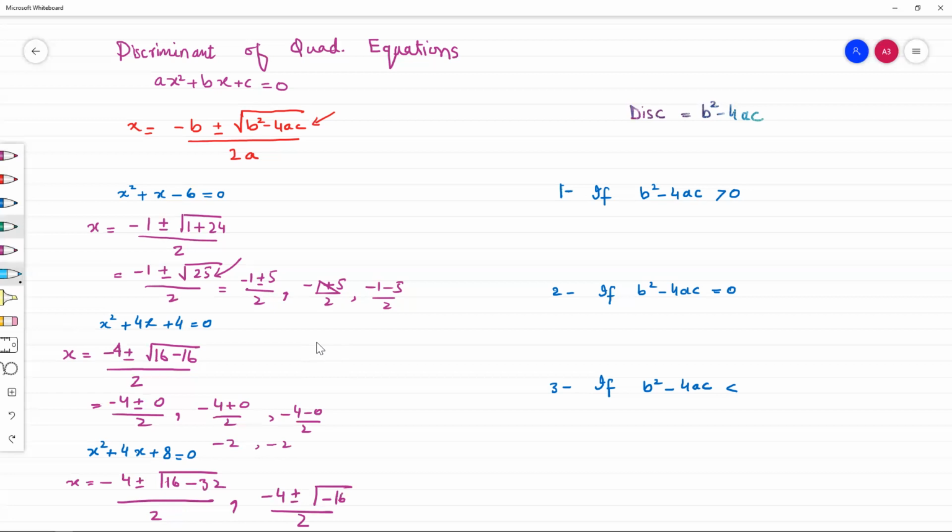So how can we summarize all these things? Just look at it. B square minus 4ac greater than 0 was the first case, where we have 1 plus 24, and this thing is greater than 0, meaning positive.